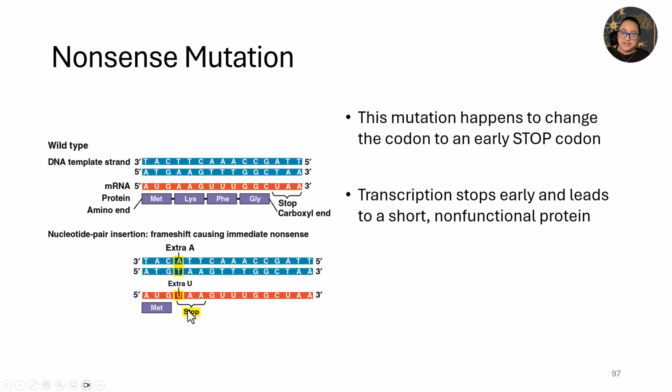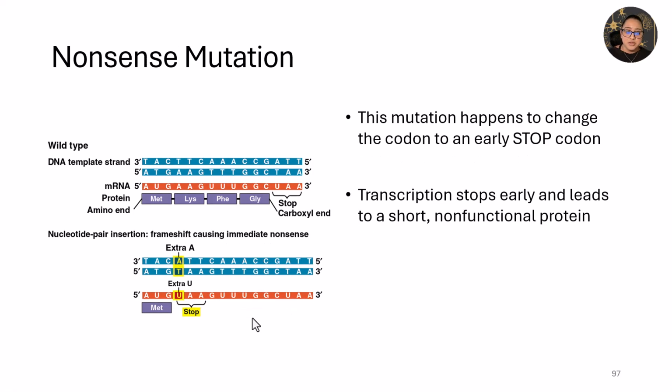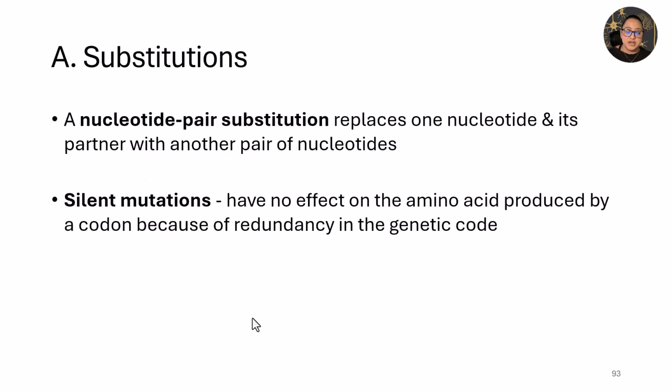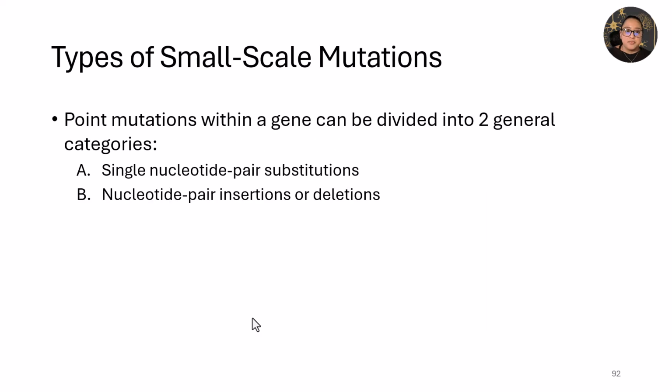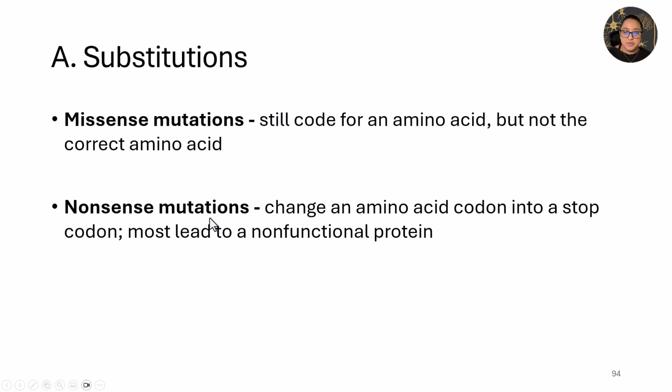It started and then stopped. This is kind of an extreme example, but if a protein is supposed to be very long and it has a really early stop, it's just not going to be functional anymore. So that's why it's a nonsense mutation, as opposed to a missense. It's wrong, but hey, it didn't totally mess everything up. So those are different kinds of single nucleotide pair substitutions and the effects that they would have.